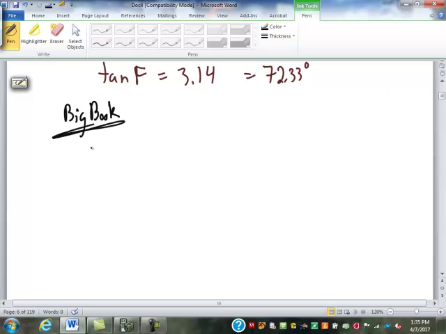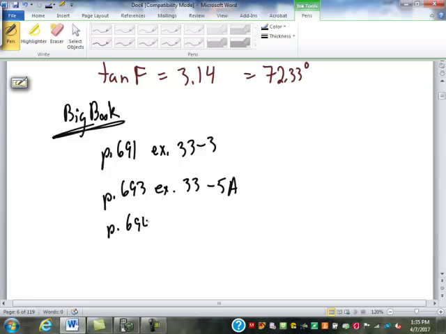In ye old big book, page 691, exercise 33-3. Page 693, exercise 33-5A.